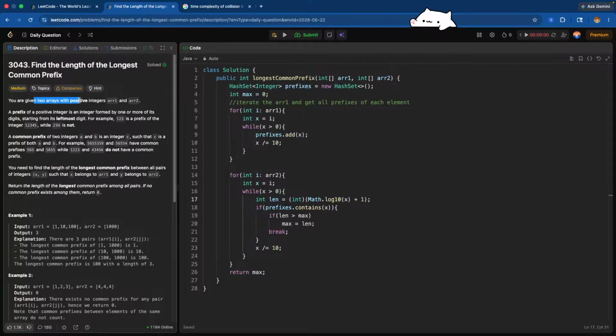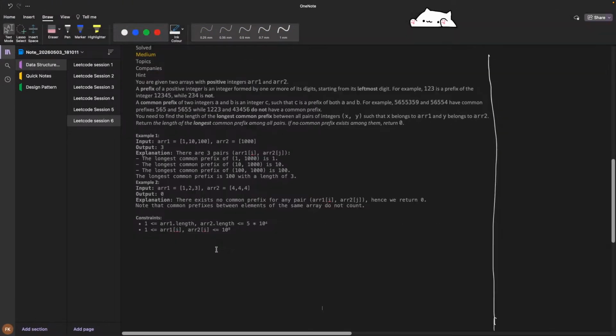A prefix of a positive integer is an integer formed by one or more of its digits, starting from the leftmost digit. Example: 123 is a prefix of 12345. Okay, let's just copy this.